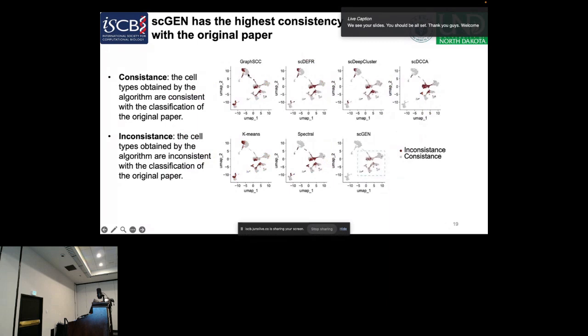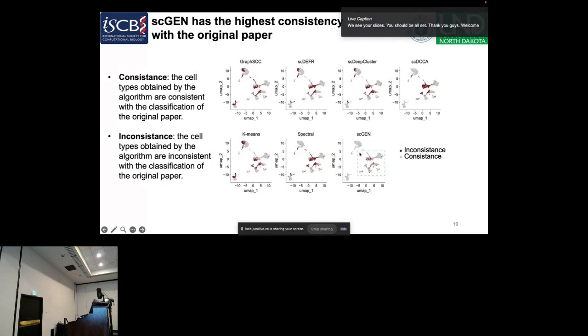If the cell type obtained by the algorithm is consistent with the original paper, we mark them as consistent cells. Otherwise, we think they are inconsistent. This plot shows that scGEN achieved the highest consistency with the original paper.